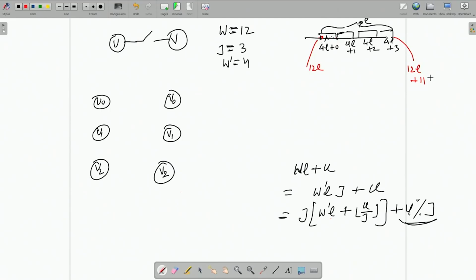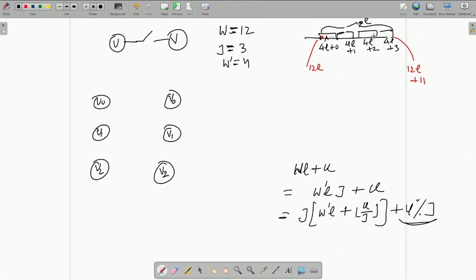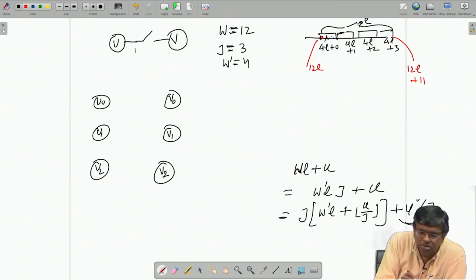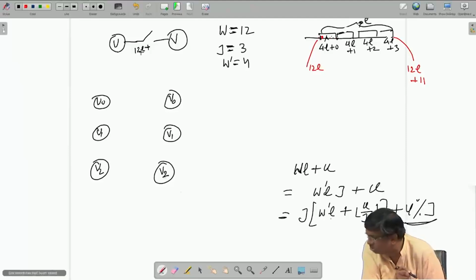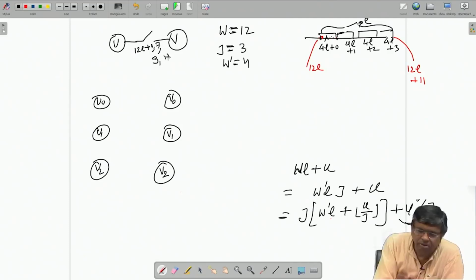And it is given that at certain positions within this cycle, not only once, because earlier I considered only once, now certain positions are given as 12L plus 1, 7, 9, 11.